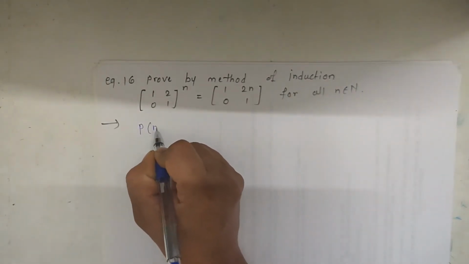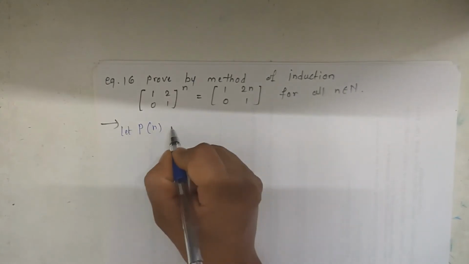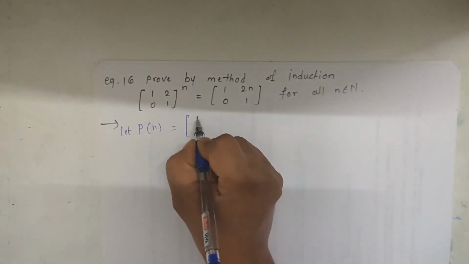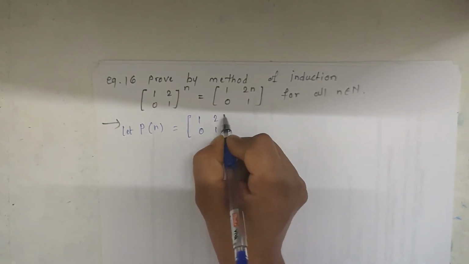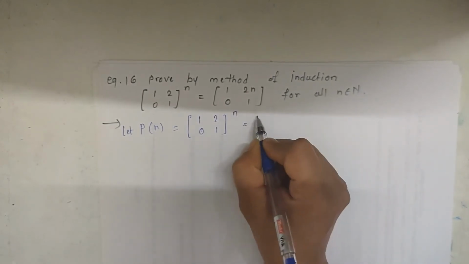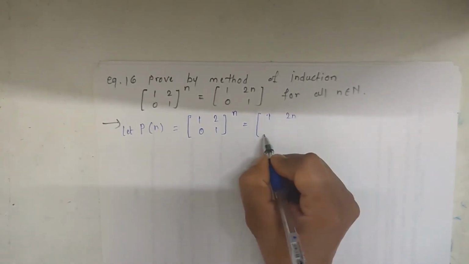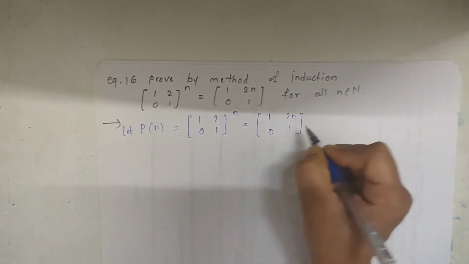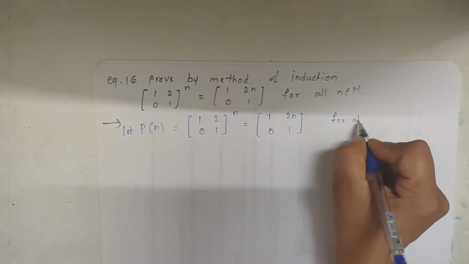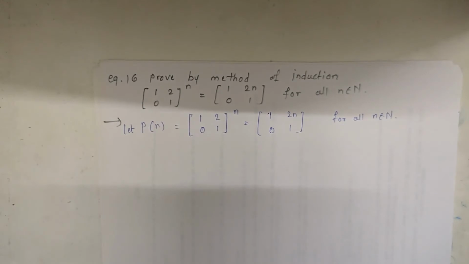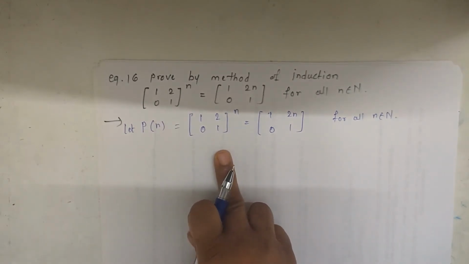So let P of n be the matrix 1, 2, 0, 1 raised to n is equal to the matrix of elements 1, 2n, 0, 1 for all n belonging to the natural numbers. Using the principle of mathematical induction, we can prove this statement.